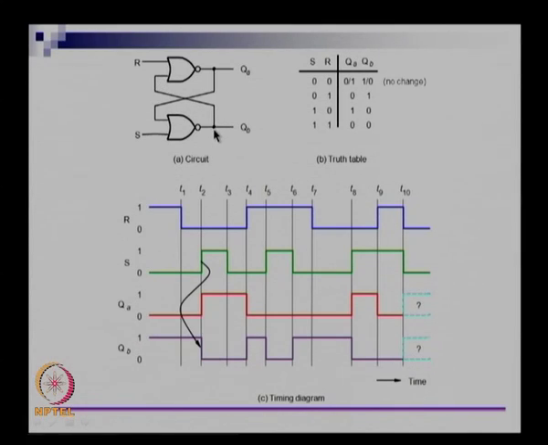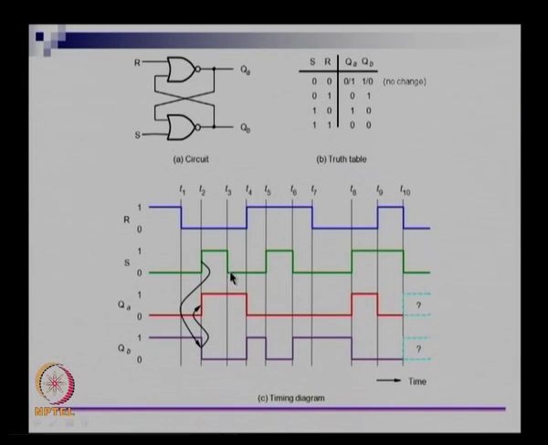QB was earlier at 1, it is now changing to 0, and the condition for R at T2 is 0. So you have 0 NOR 0, which is 1. So QA becomes 1, and you can see the direction of the arrow here. S becoming 1 changes QB to 0, and QB changing to 0 changes QA to 1. Now at this point let us say S went back to 0 at T3.